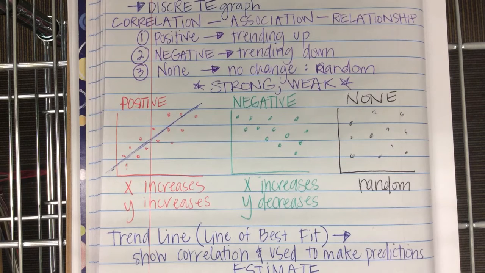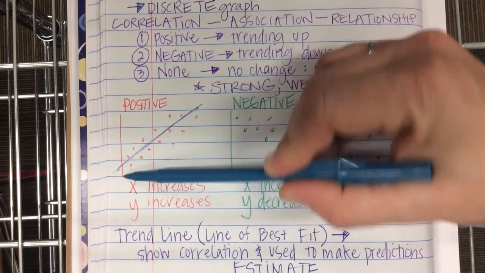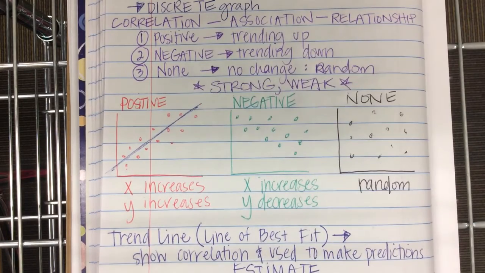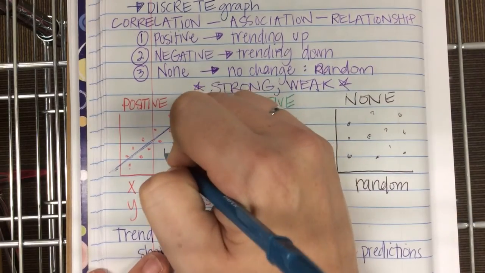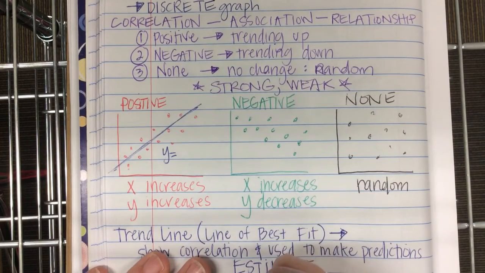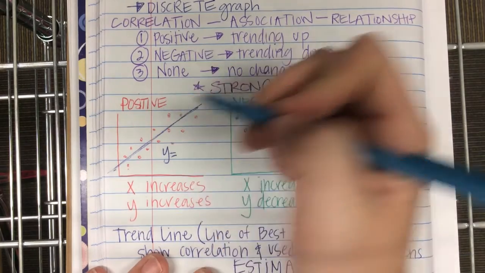So looking at your positive scatter plot, it doesn't have to start at the origin. That's another trick that people think. Oh, I've got to start at the corner, at the origin. No, that's not true.